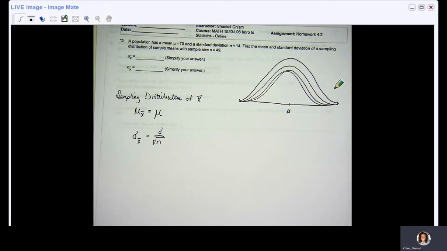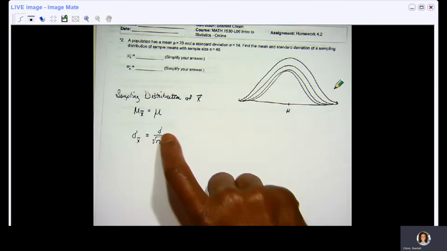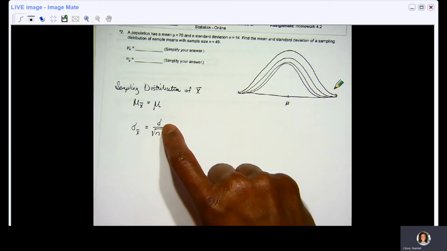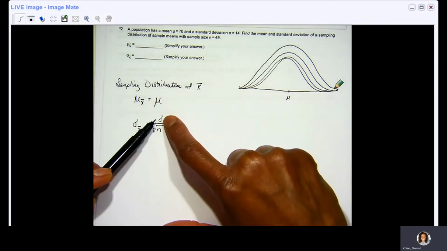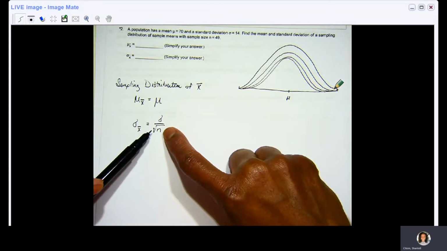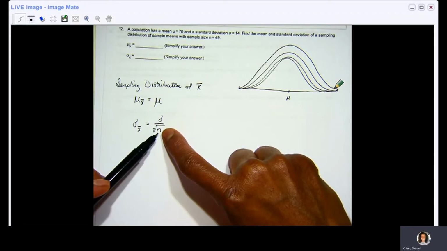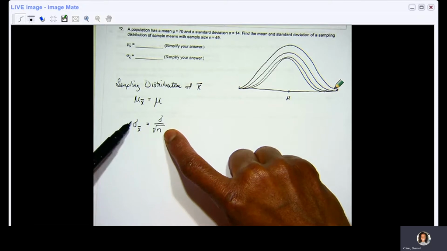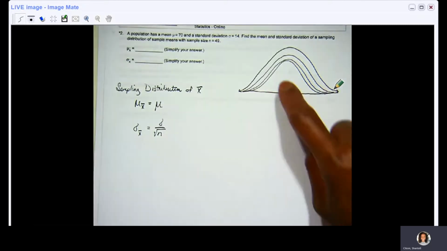If you're only dealing with the sample, it should make sense that your sample will have less spread. It has less spread because the original spread is divided by the square root of the sample size. So when we divide by the square root of n, we are reducing the standard deviation for the samples.